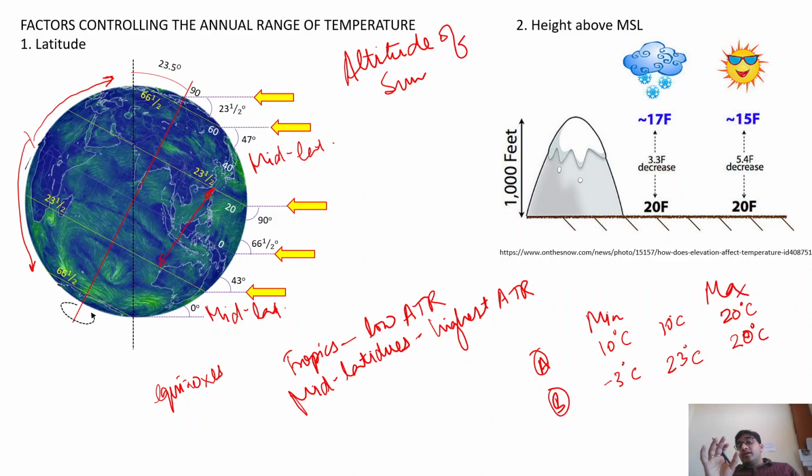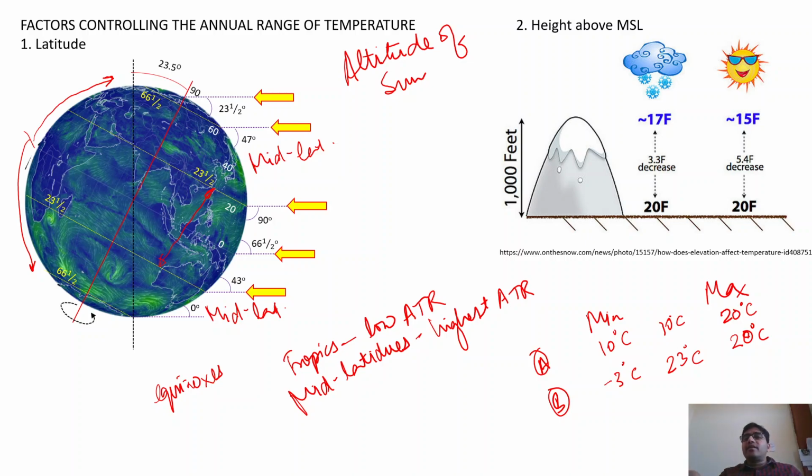Okay, the variation in the temperature. So what happens over here is that due to the variable angle of the solar insolation, the heating is differentiated than the equator. So as we go from equator towards the poles, the range of temperature increases. But as compared to the mid latitudes, poles have a lower annual temperature range. Is it clear? All right.